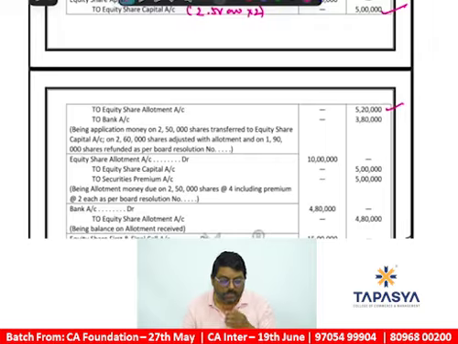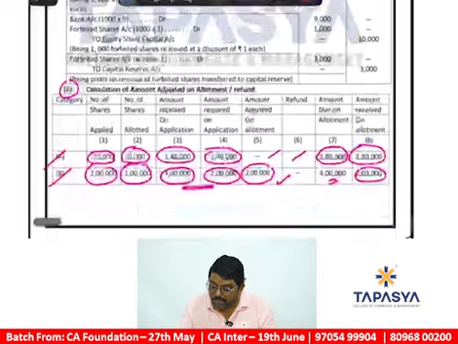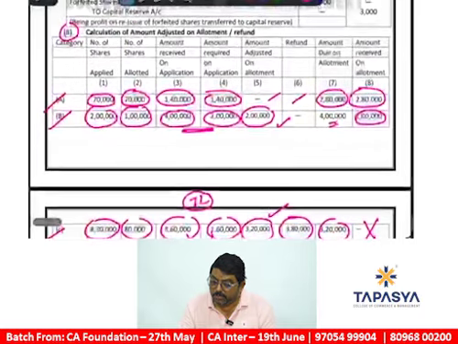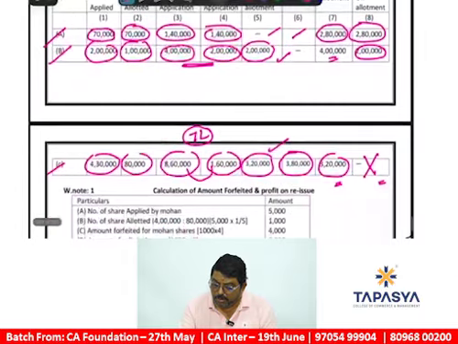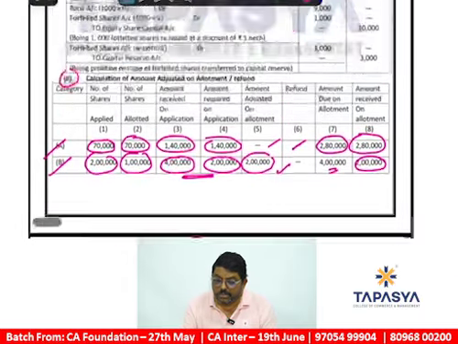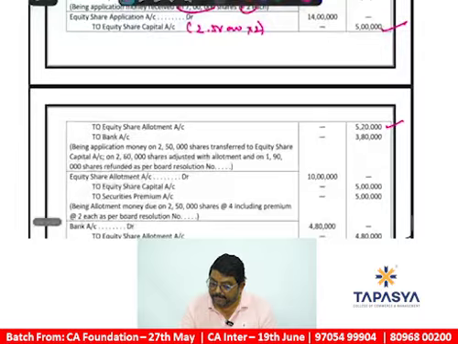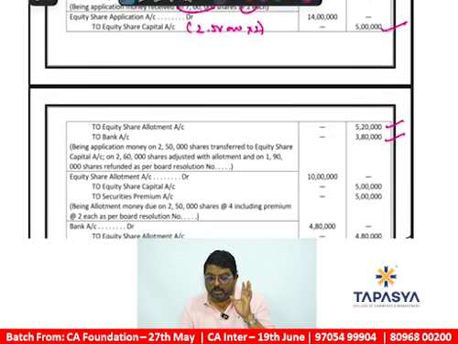How much refunded, sir? Please go to the refund column. Amount refunded column, 3 lakh 80,000 refunded to bank. Completely everything is given by the table. Okay. 3 lakh 80,000 refunded.